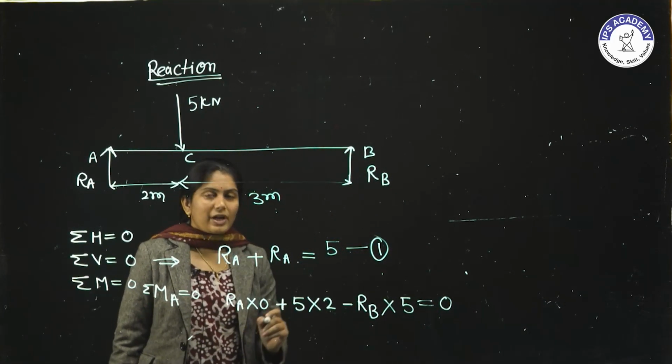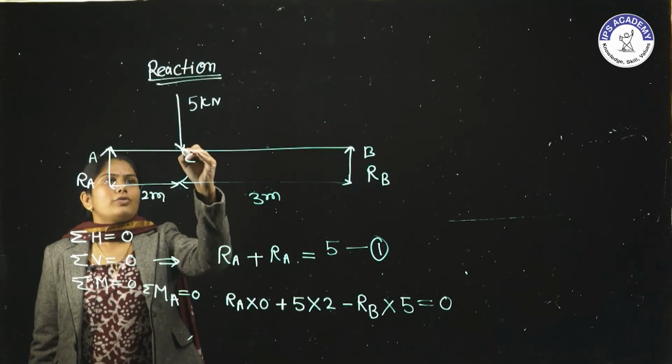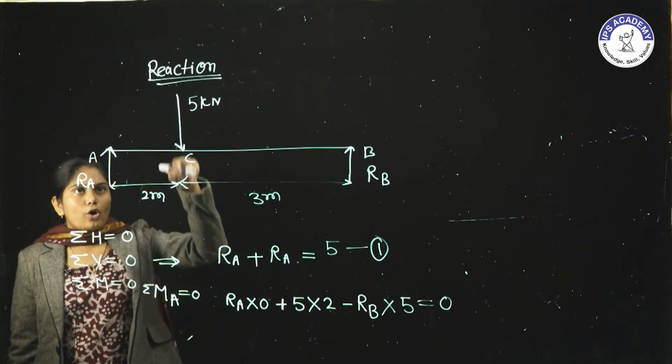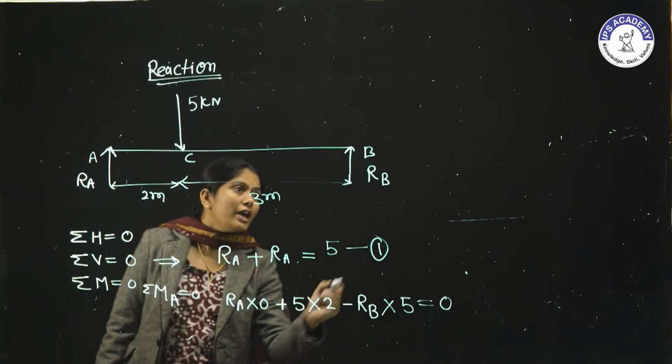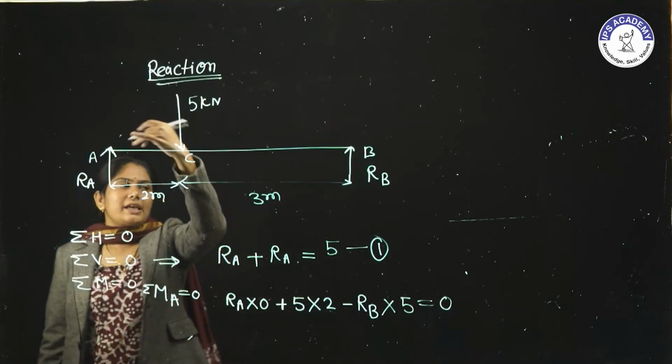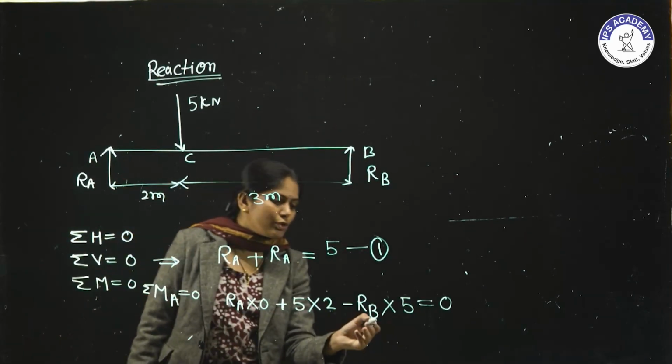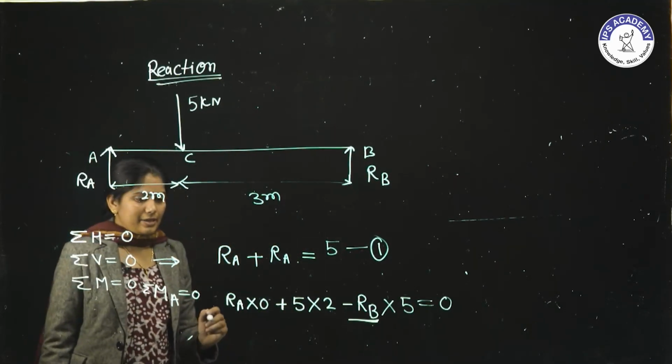We took plus 5 because the direction of 5 is clockwise here. And direction of RB about A is anti-clockwise, so it is minus RB.